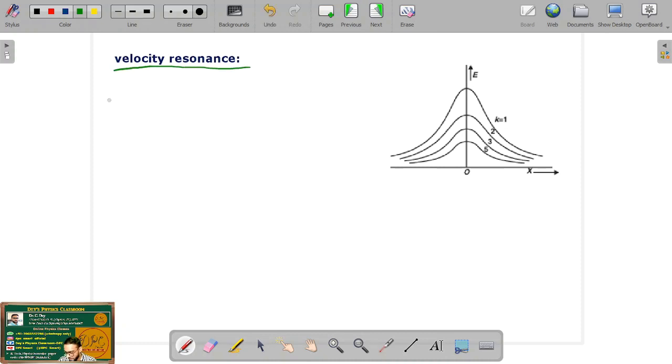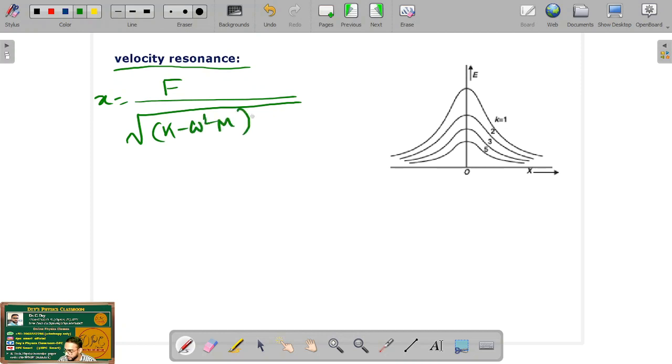So the expression for displacement in case of forced vibration which we obtained is x equals to F divided by root under of k minus omega square m square plus b square omega square into cosine of omega t minus phi. We take the cosine form. Now we have to calculate velocity.